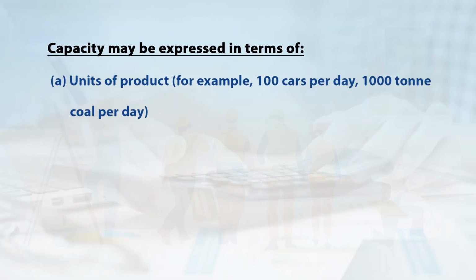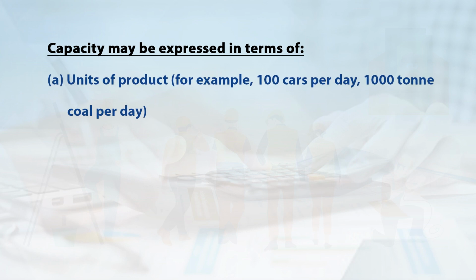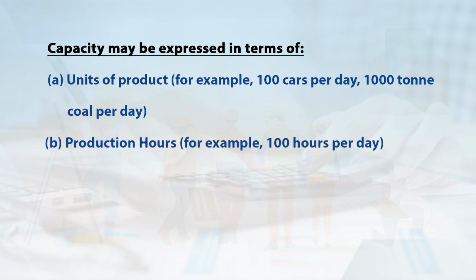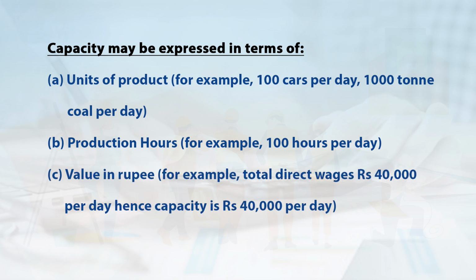It may be expressed in terms of, first, units of product, for example 100 cars per day, 1000 tons of coal per day. Second, production hours, for example 100 hours per day. Third, value in rupees, for example total direct wages rupees 40,000 per day, hence capacity is rupees 40,000 per day.